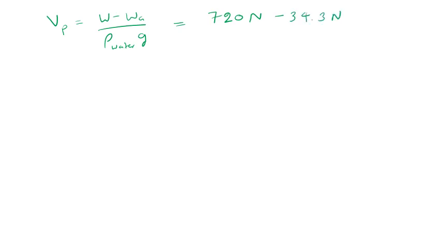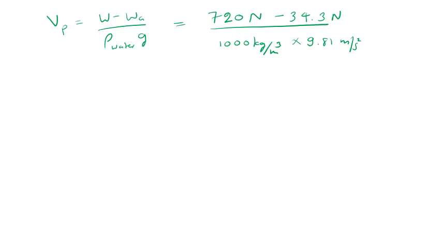Okay, again, if I write the expression here, the volume of the person equals weight minus apparent weight divided by rho water, density of water, multiplied by gravitational acceleration constant, and I can substitute the numbers here. So the weight of the person is 720 newtons minus the apparent weight 34.3 newtons, divided by the density of water, 1000 kilograms per cubic meter, multiplied by the gravitational acceleration constant 9.81 meters per second squared.